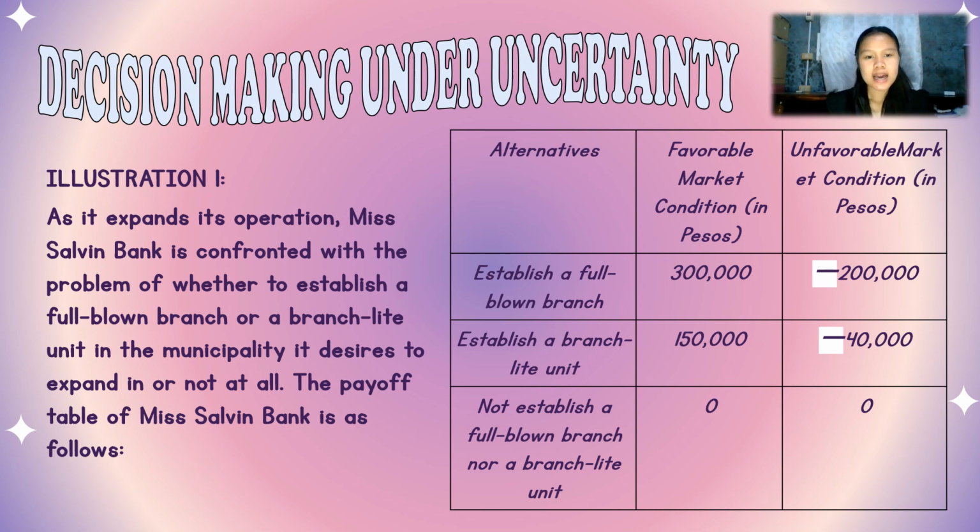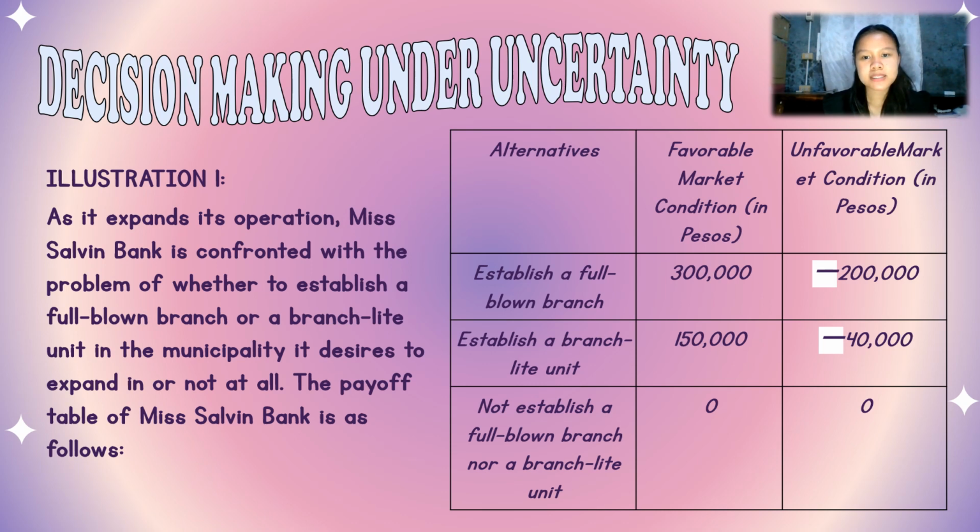Illustration 1. As it expands its operation, Miss Salvin Bank is confronted with the problem of whether to establish a full-blown branch or a branch-like unit in the municipality it desired to expand in or not at all. The payoff table of Miss Salvin Bank is as follows. Dito makikita na the decision table has three alternatives.